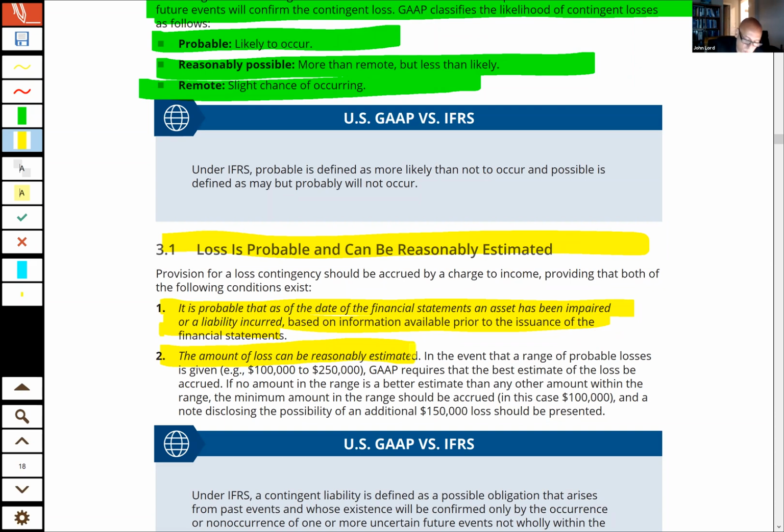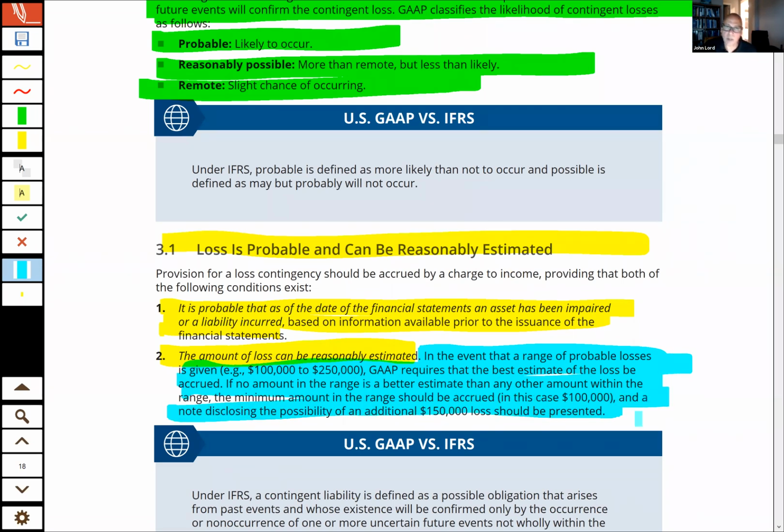Now, if we can't come up with a reasonable estimate that we say, yeah, it's probably going to be this amount, then we would book the lower amount of the range. And then we would disclose the range so that someone knows what could be between 100 and 250.